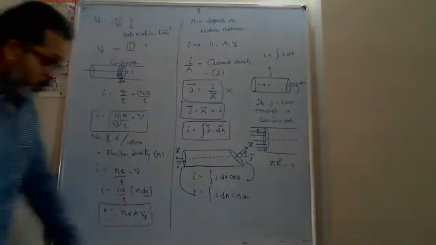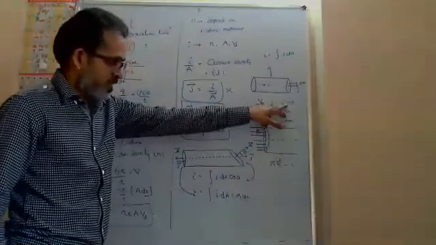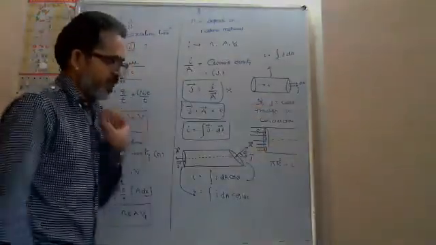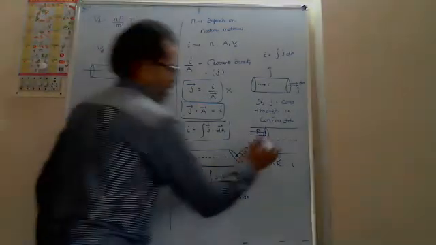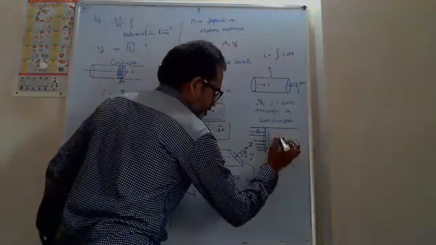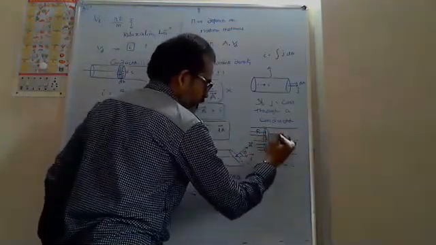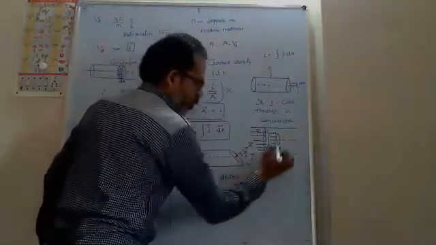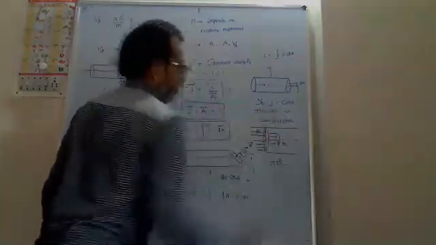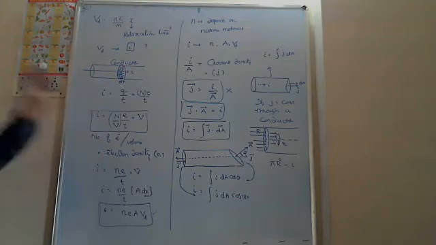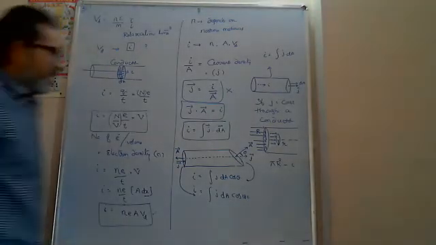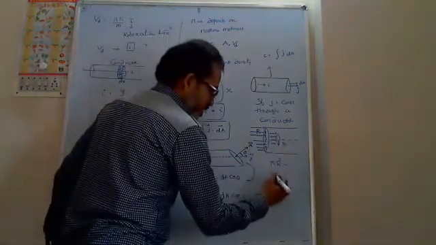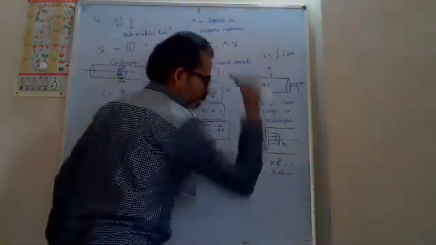And current per unit area is constant. If it is constant, I can use the unitary method. Through a particular cross section, you can use the cross multiplication method. If I ask only through this cross section, whose radius is a small r, will you say the same current or a different current? Different, sir. Yes, that's what I'm saying. Through the cross section of area pi r squared, what will be the current?